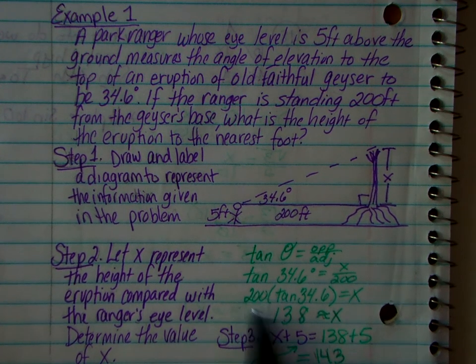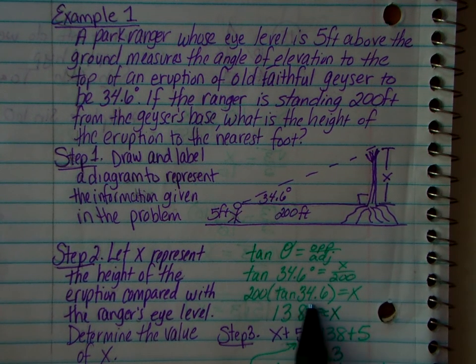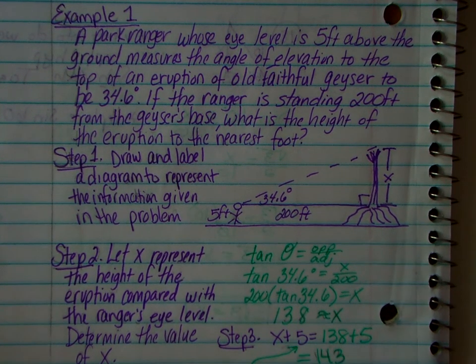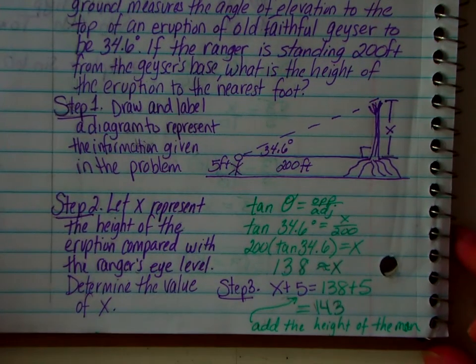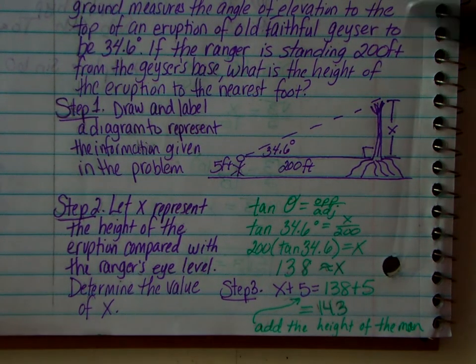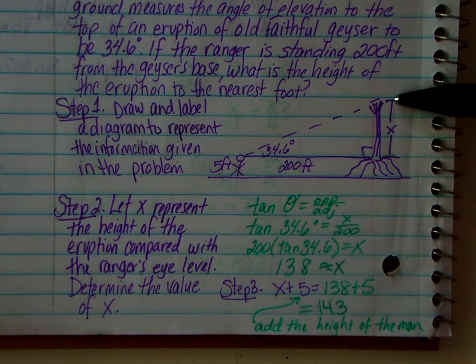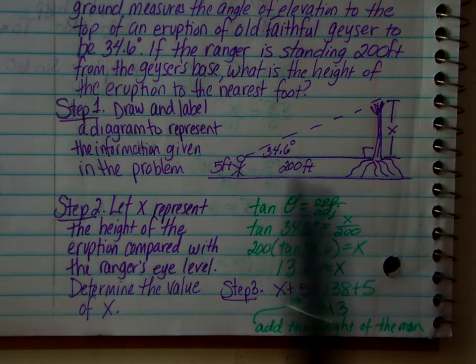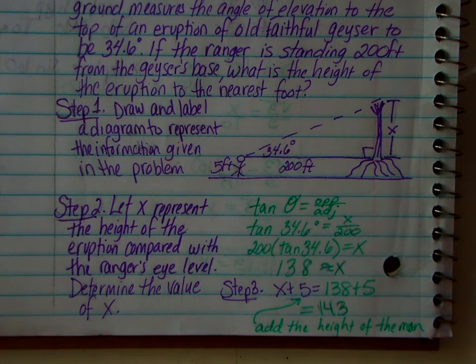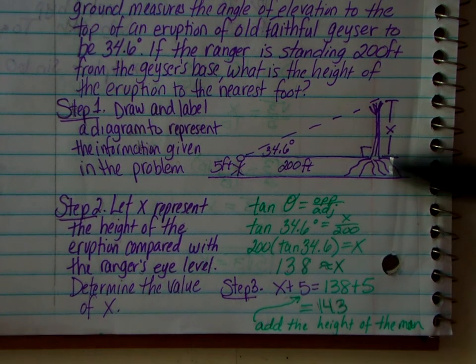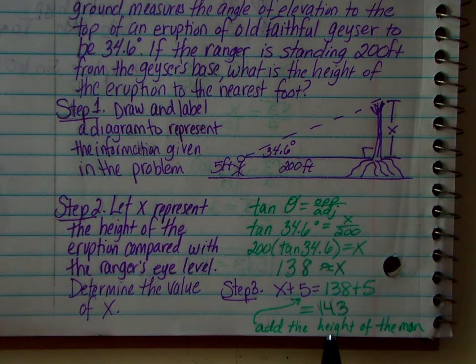So now I have 200 times tan of 34.6. You can do a calculator. You get 138. Okay, and then step 3 is, I still don't know, that's not my total x because the eye level is 5 feet above the ground. Okay, so I just have to add that 5 feet to get the x is 143.